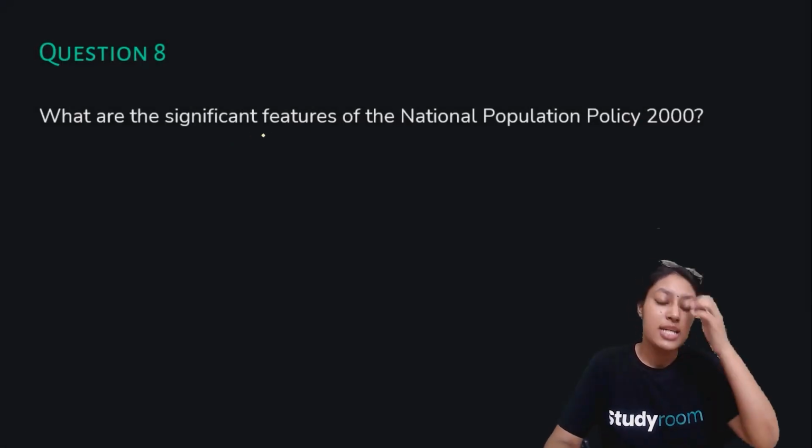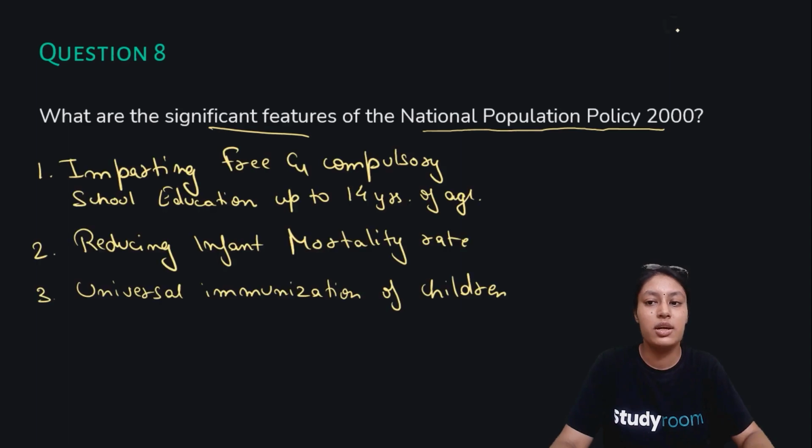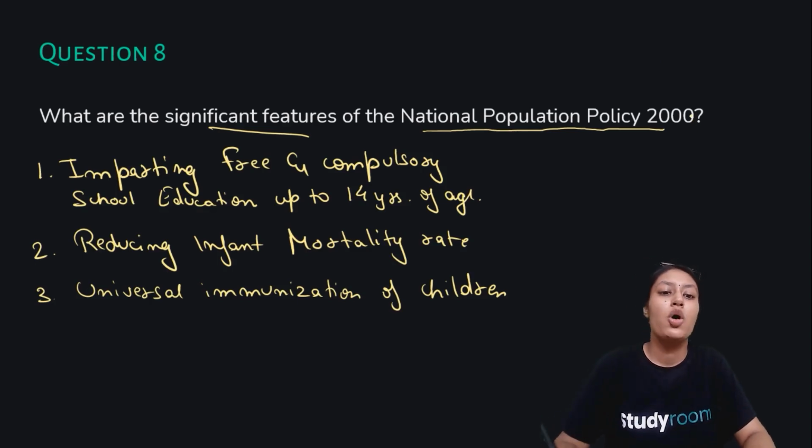Question number 8 is, what are the significant features of National Population Policy 2000? Majorly there are three significant features. One, imparting free and compulsory education to children up to 14 years of age.